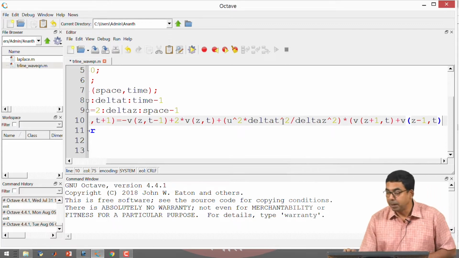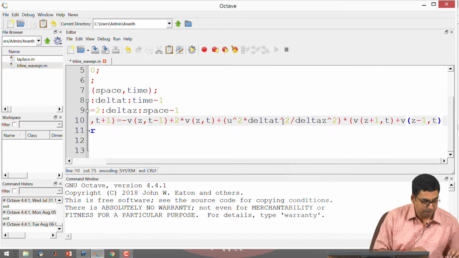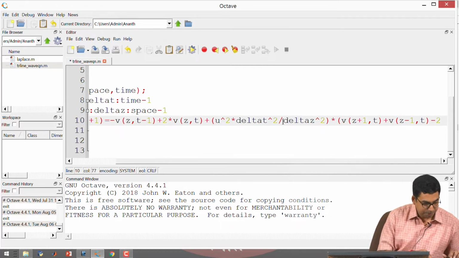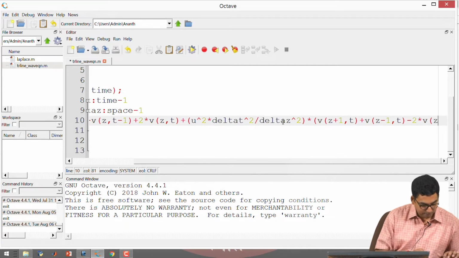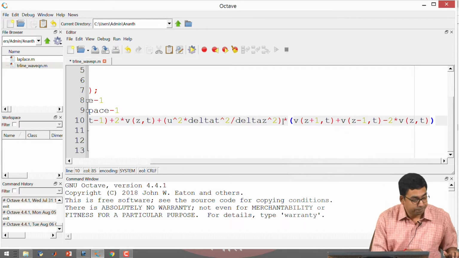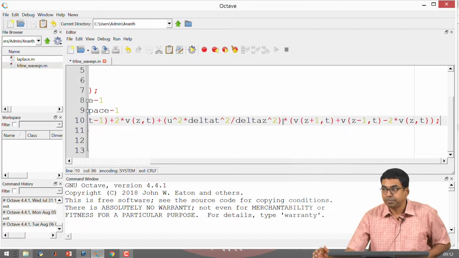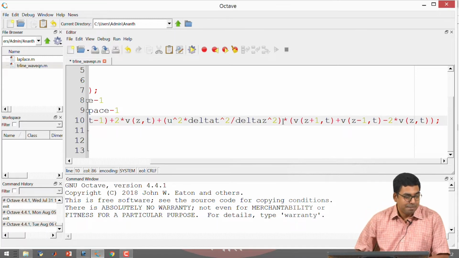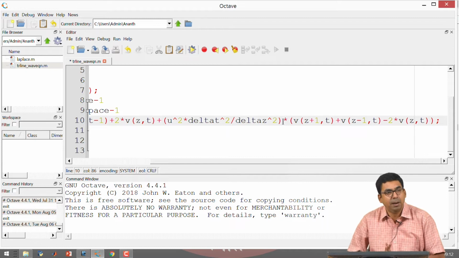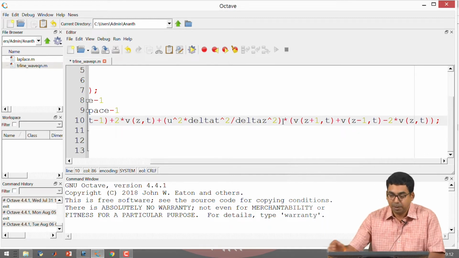So, these terms comma t means it includes the current time instant value at that particular position, right, minus 2 times V of z comma t. Okay. All I have done is taken the expression that we have derived and plugged it in a programmatic form into the program, all right, what we are writing here.